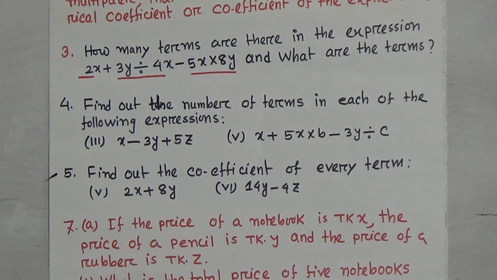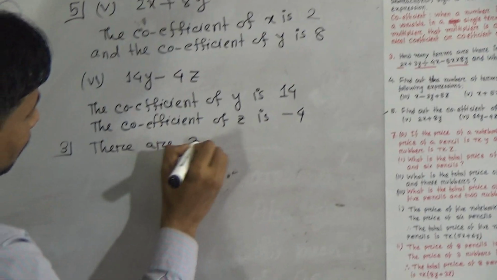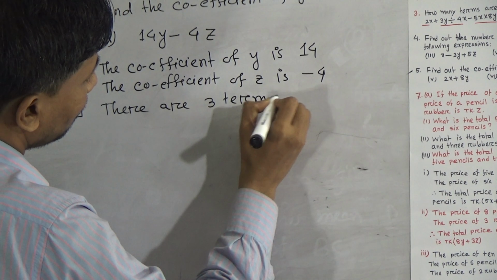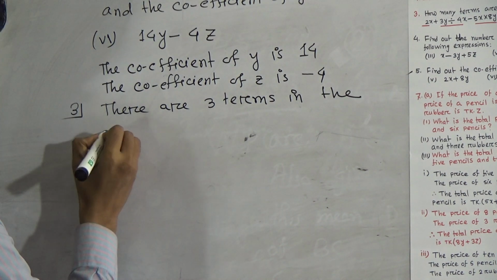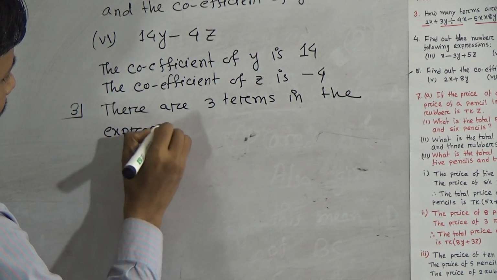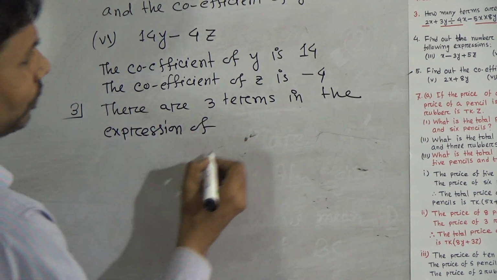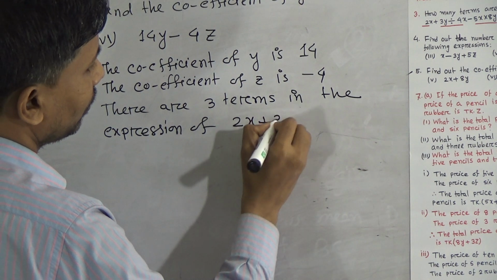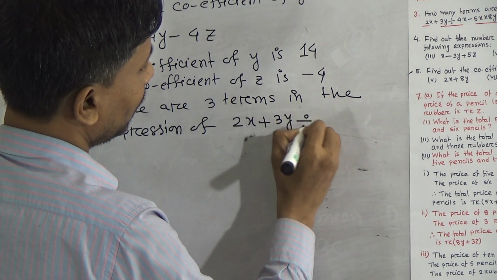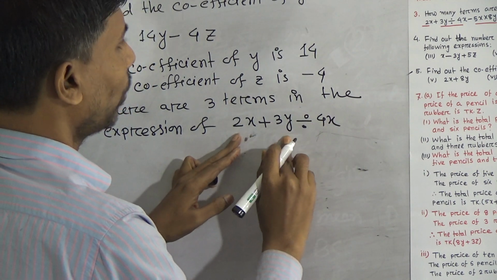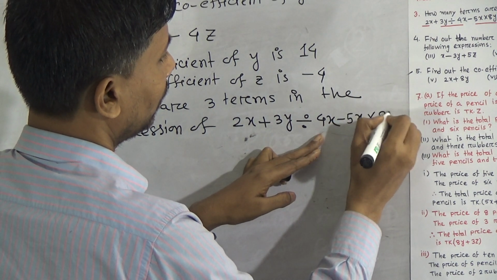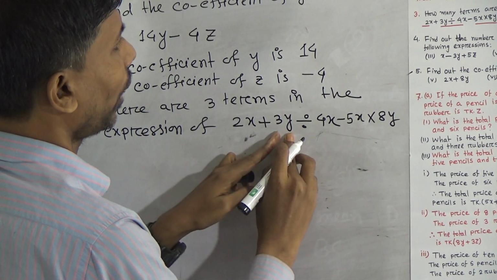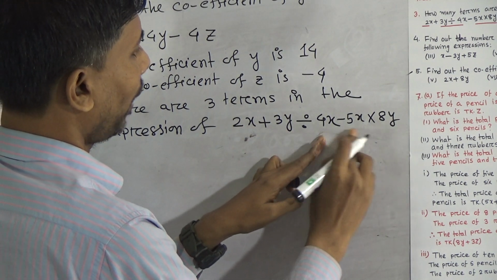Okay, right? Okay, students. Now write question number 3. There are 3 terms in the expression of 2x plus 3y division 4x minus 5x into 8y.